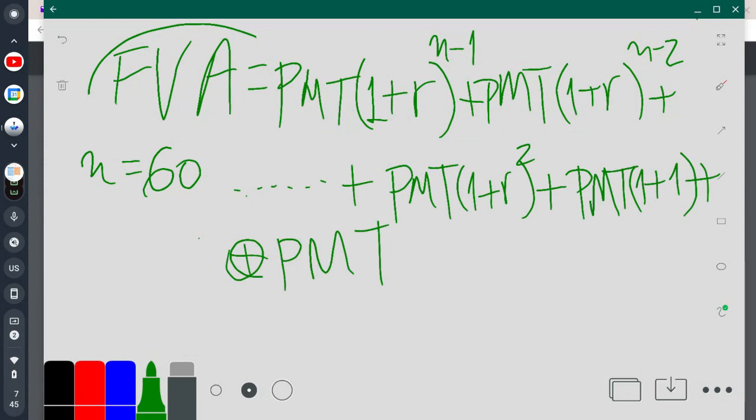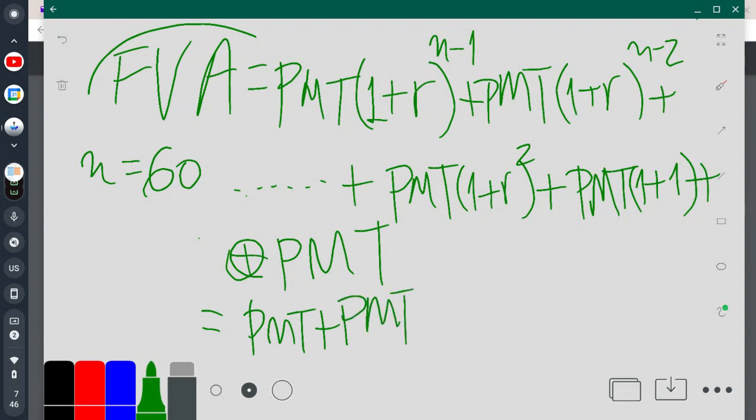So we can put it like this, or we can organize it more like this, from the smallest to the biggest.